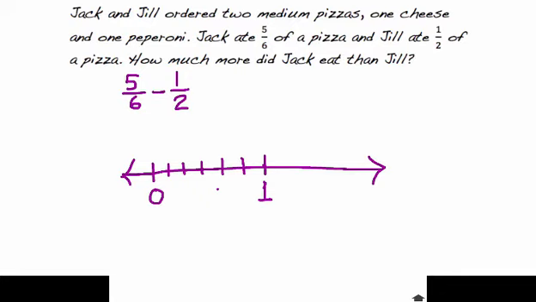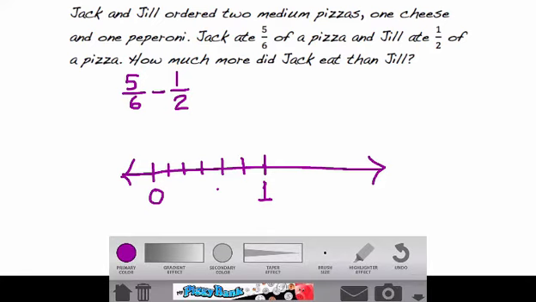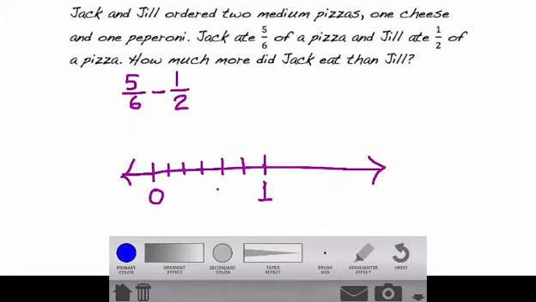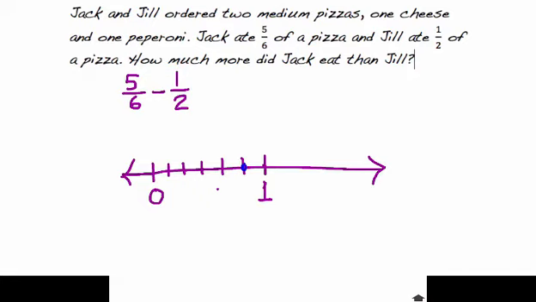So first, I'll find out where 5/6 falls on the number line. Let me change colors. And I'm just going to count out 5 pieces of my 6. So 1, 2, 3, 4, 5 would be right here on my number line. And instead of adding, we'll be subtracting.